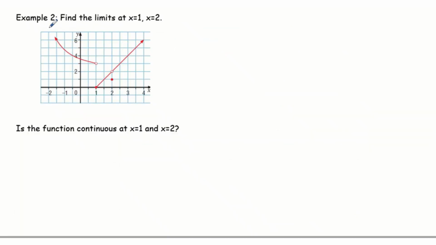So, continuing with example 2: find the limits at x equals 1 and x equals 2. After that, check if it's continuous at x equals 1 and x equals 2. For the left-side limit, on the graph the y value approaches 3.